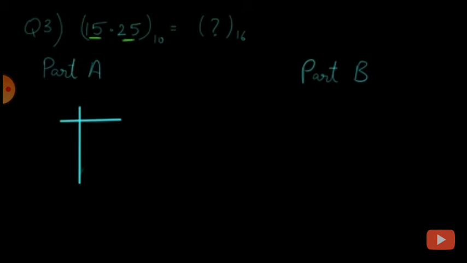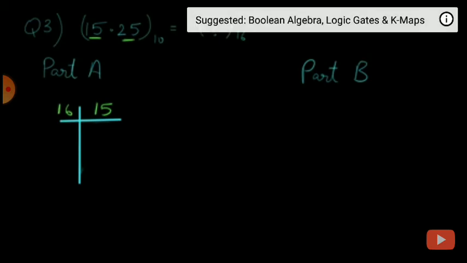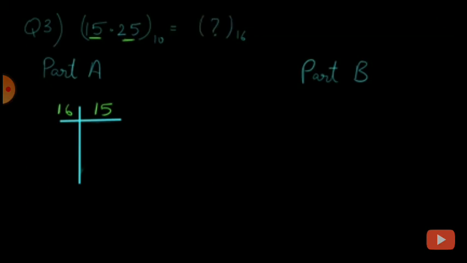Now for part A, we first write down the number 15 in the top right corner as we did in question number 1, and divide it by 16 till we get the quotient as 0, and we'll also be interested in the remainder. So since 15 is not directly divisible by 16, we write 16 zeros are 0, and we have a remainder of 15.